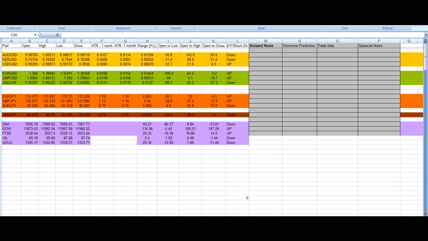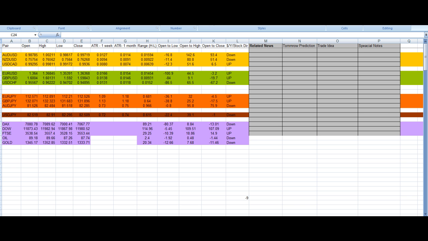Similarly, the currencies, the US dollar and yen component were up against a few currencies, down against a few currencies. So there wasn't a clear cut idea on where the market needs to head. So that's what the day was.